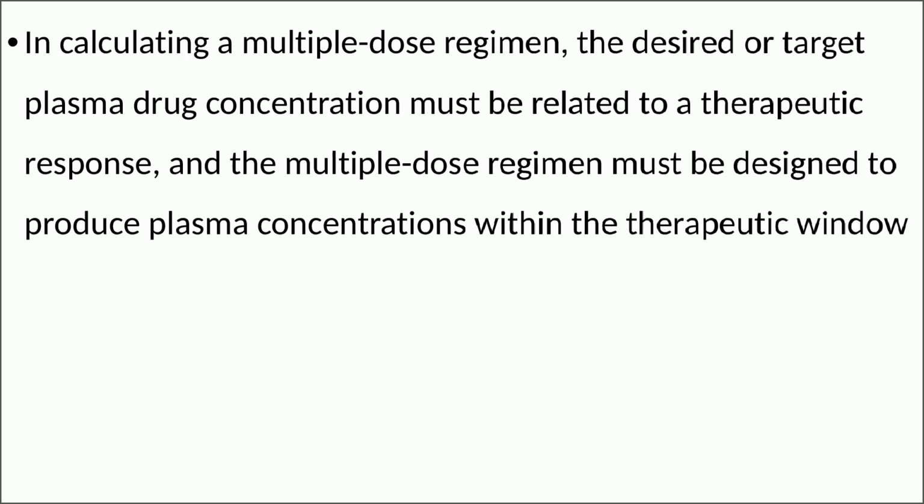While handling such type of case, we have to be very careful because the minimum effective concentration we have to consider in terms of the response. Sometimes the theoretical minimum effective concentration may not match with the practical therapeutic response, so the adjustments we have to make based on the practical therapeutic responses.